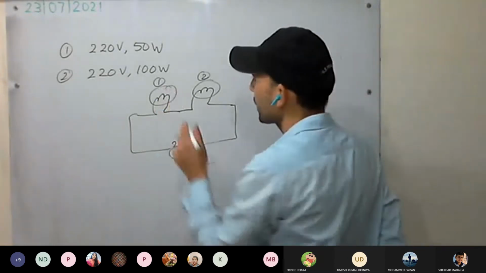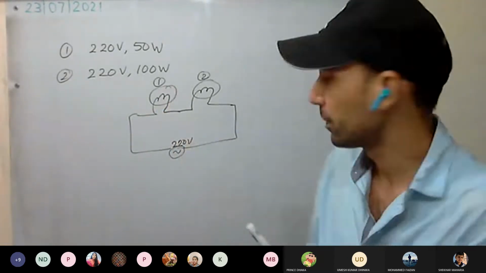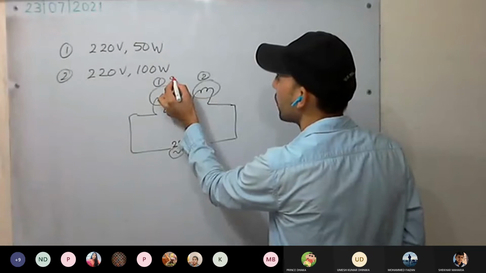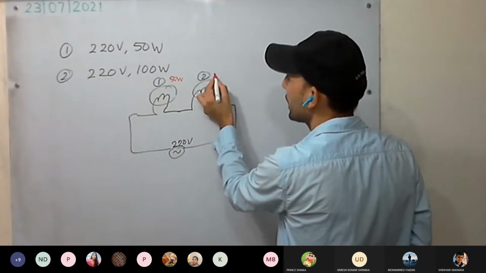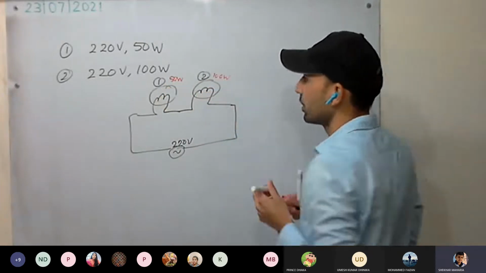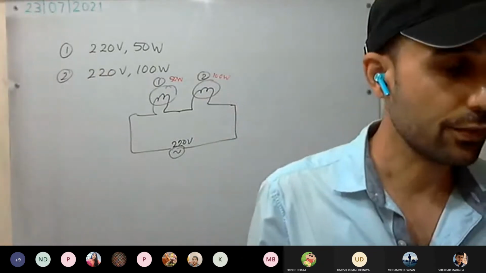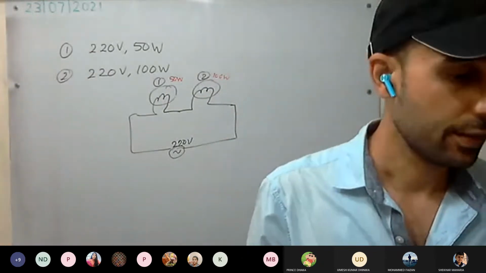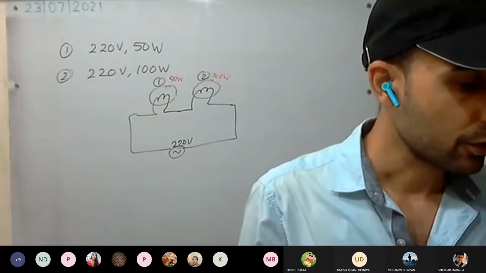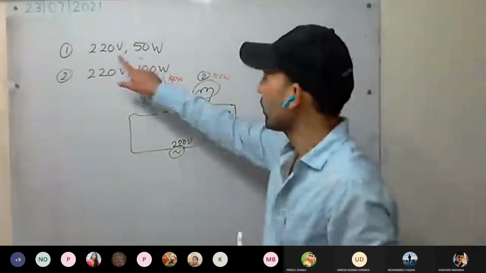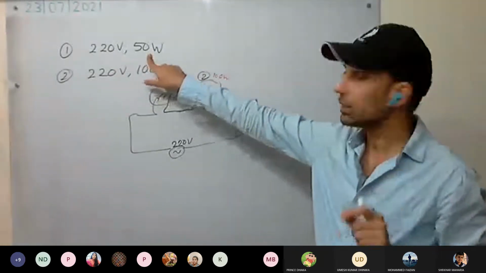So see, your first lamp is having how much power? 50 watt, and the second lamp is having 100 watt. 15th question, page number 212. So two lamps, one rated. So what does rating mean?